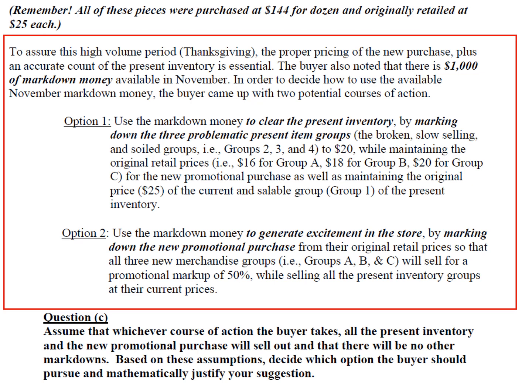But now she's considering applying only a 50% markup on every item, while selling all the present inventory groups at their current prices. Current prices mean group 1 for $25, group 2 for $24, group 3, $25, group 4, $21, the information that was given in the previous paragraphs.